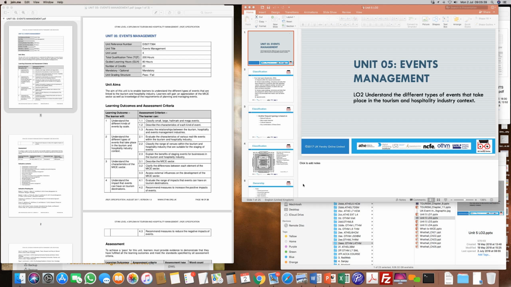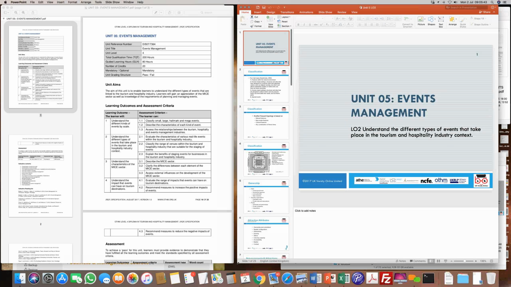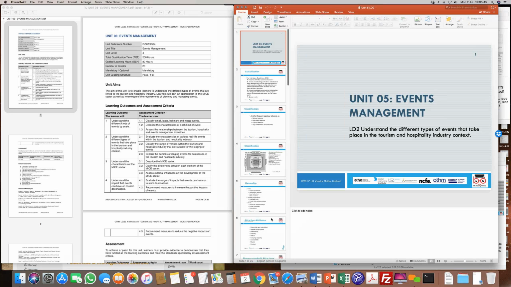Now, going forward, we're going to take our journey into learning outcome 2. Here, the idea is to get into more detail on how the classification of events happens from an industry perspective.